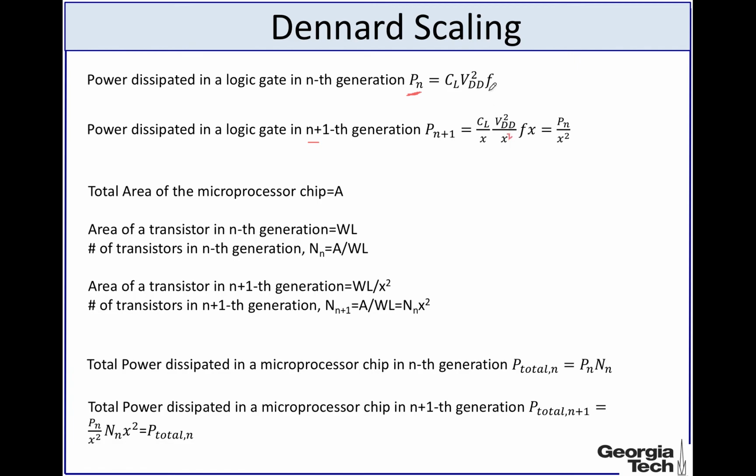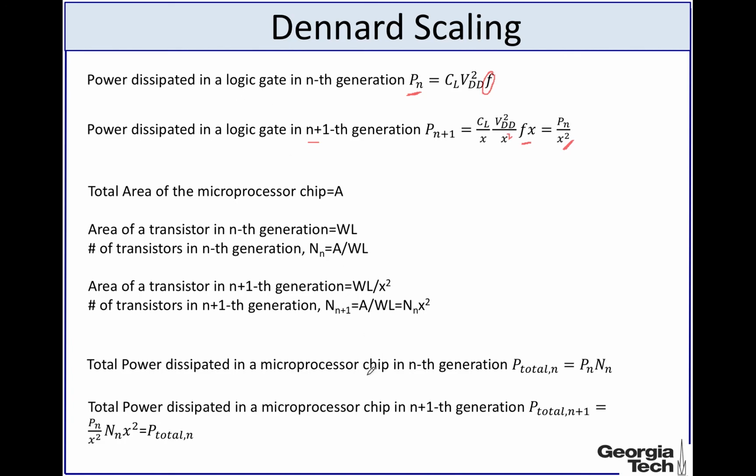And as we have seen in the previous slide, because the delay goes down by a factor of x, the frequency you can increase by a factor of x. If you do that, you will see that the power dissipated in a logic gate now decreases by a factor of x squared. Now note that you have also increased the frequency by a factor of x. Okay.